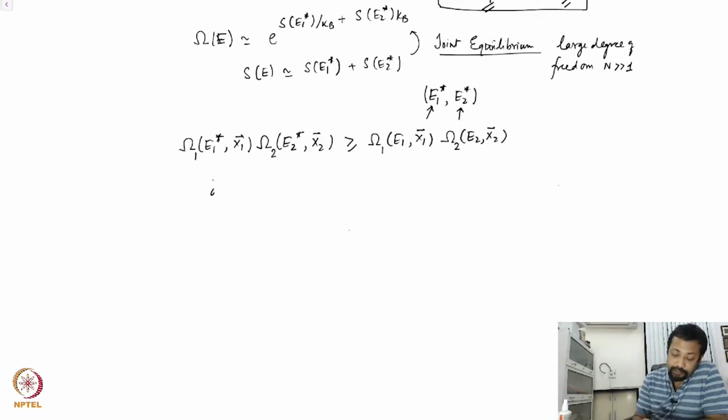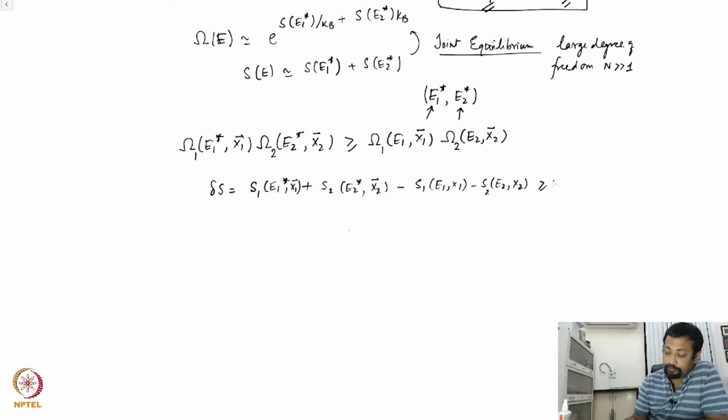Now this effectively means that delta S is S1 of E1 star plus S2 of E2 star, and the x1 is also there, comma x1, comma x2, minus S1 of E1, x1, minus S2 of E2, x2, is greater than or equal to 0.